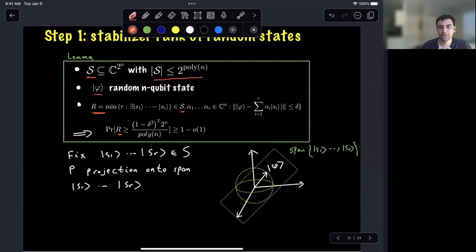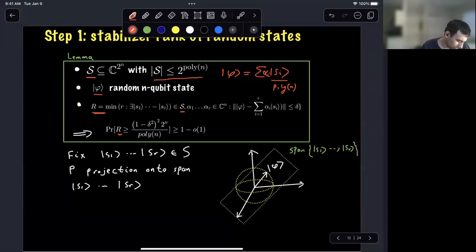And if I can represent my state in terms of the elements of this subset, for each one I have a polynomial number of bits. And so the number of terms that I need should be at least 2 to the n over some polynomial. This is just some intuition why this result should be true: each term has some polynomial amount of information, so you need 2 to the n over some polynomial number of these terms to represent your random state. Yeah, this is just intuition.